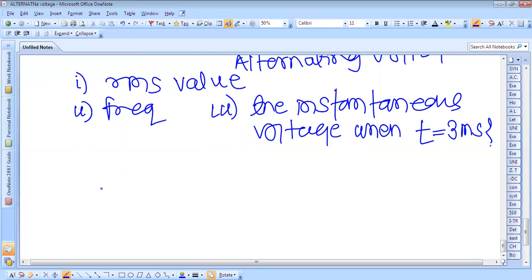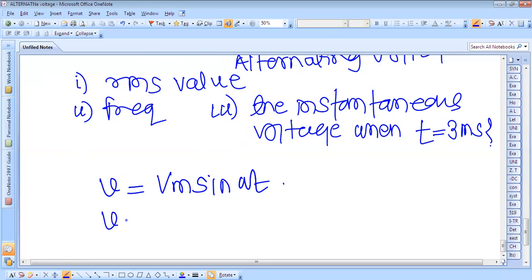The relationship for instantaneous value is V is equal to Vm into sine of omega t, and this equation is the standard equation, and the given equation is V is equal to 141.4 sine of omega t.